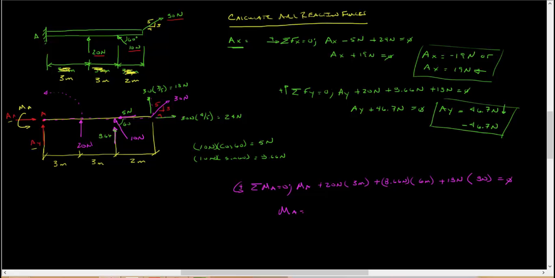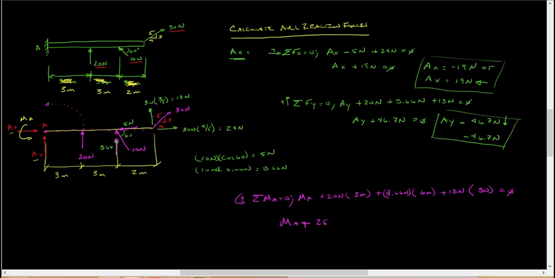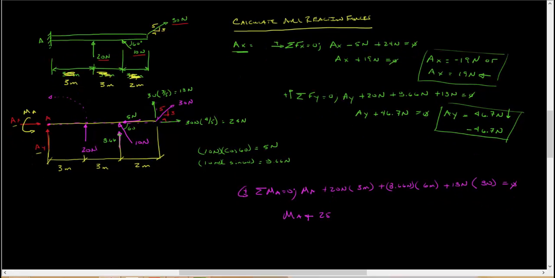So you get 255.96 newton meters is equal to 0. That's Newton meter, since we're multiplying a Newton and a meter. Take this to the other side, you get moment about A is equal to about 256 Newton meters negative, or 256 Newton meters going clockwise.